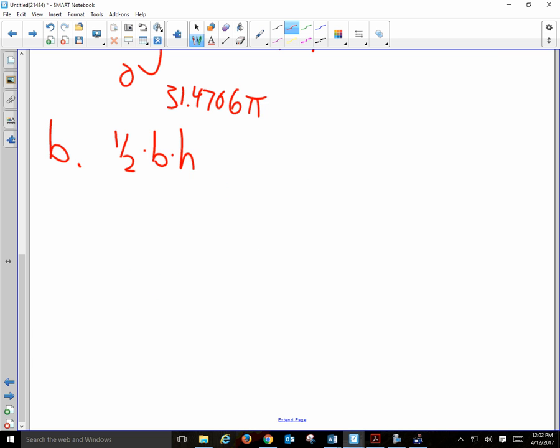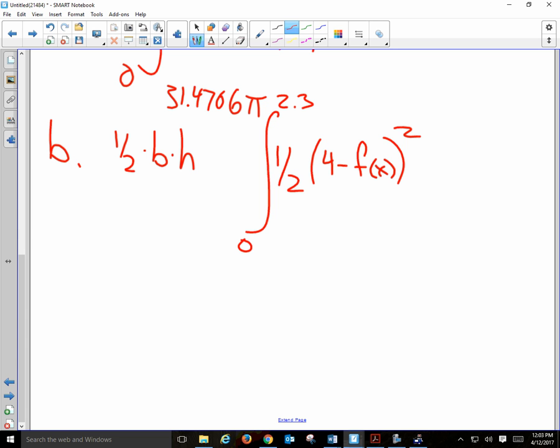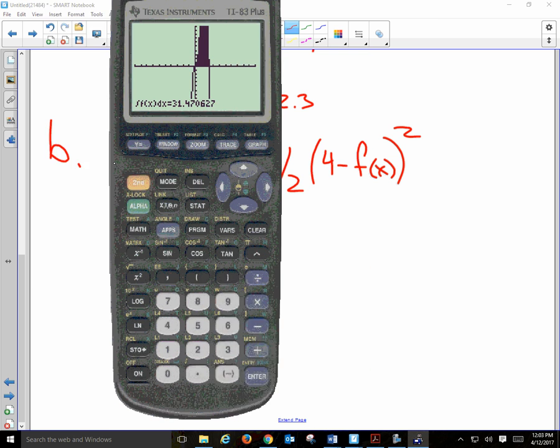So we have 1/2 times 4 minus f of x times 4 minus f of x, right? So squared. And we're going to integrate from 0 to 2.3.